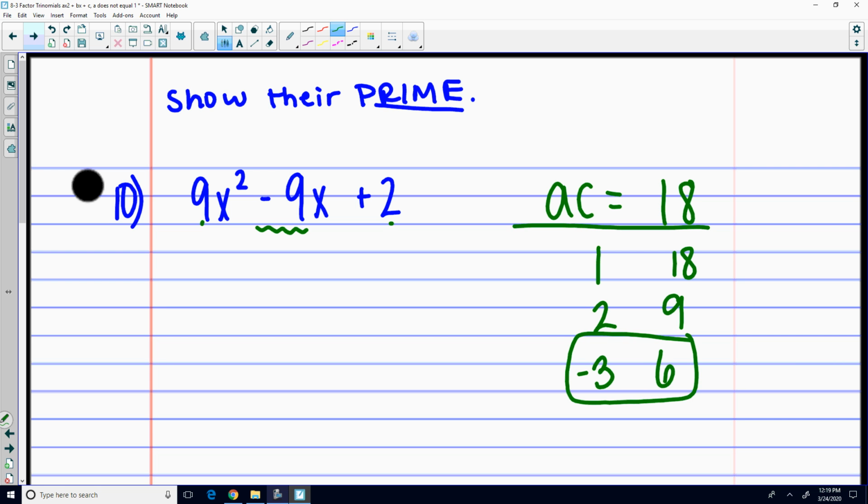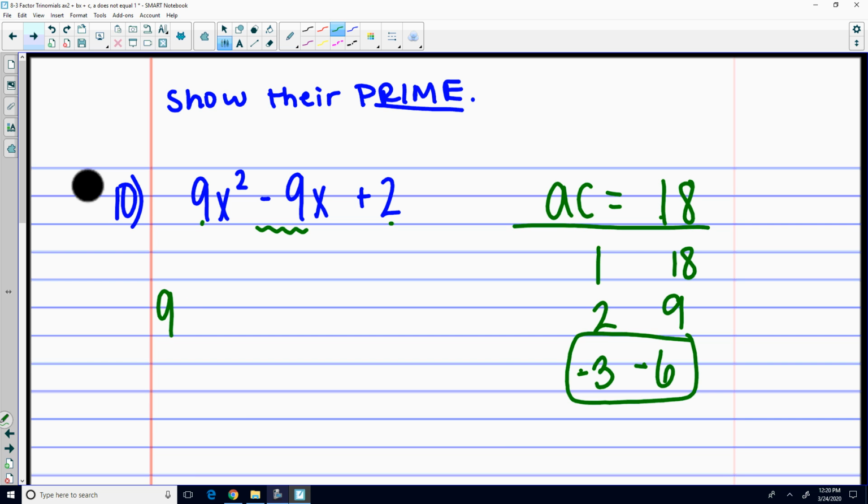So I could make them both negative, and if I make them both negative, it appears this one might work. Let's try it. Negative 3 times negative 6 would give me positive 18. Negative 3 plus negative 6 would give me negative 9. All right, let's try it. Maybe this one actually does work.